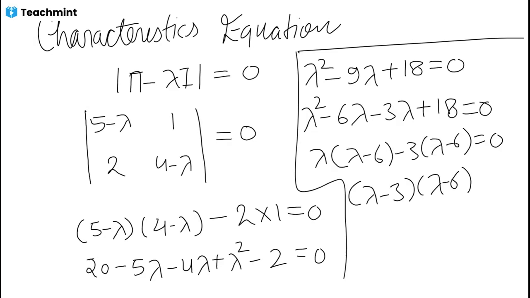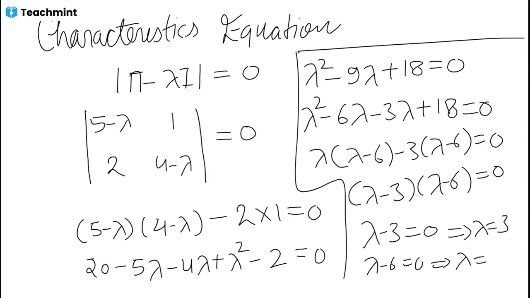So lambda minus 3 into lambda minus 6 is equal to 0. So lambda minus 3 is equal to 0 gives lambda is equal to 3. And lambda minus 6 is equal to 0 gives lambda is equal to 6. So 3 and 6 are eigenvalues of the given matrix. Got it?